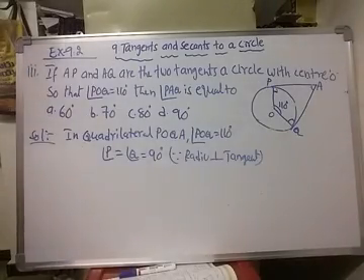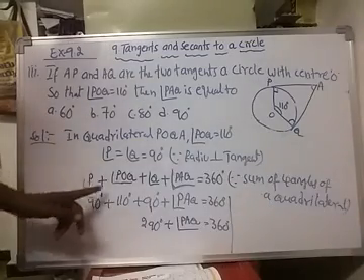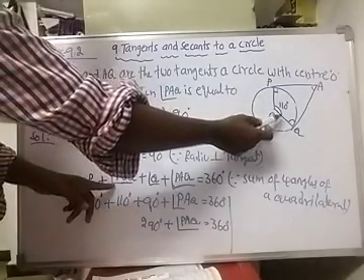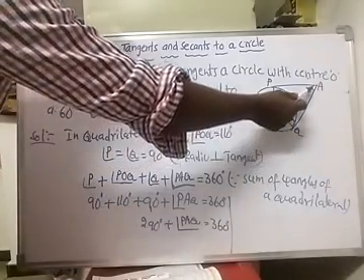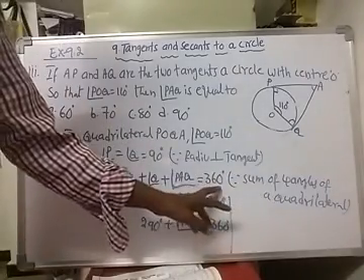Now we know the sum of the four angles of a quadrilateral is 360 degrees. So angle P, 90, plus angle POQ, 110, plus angle Q, 90, plus angle PAQ is equal to 360 degrees.